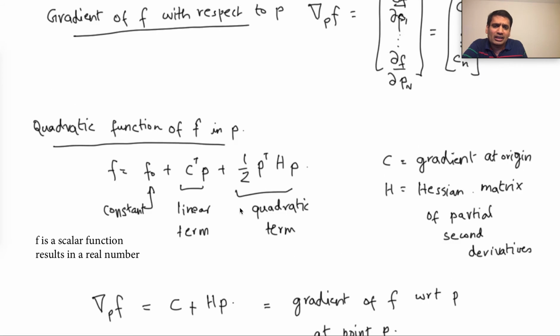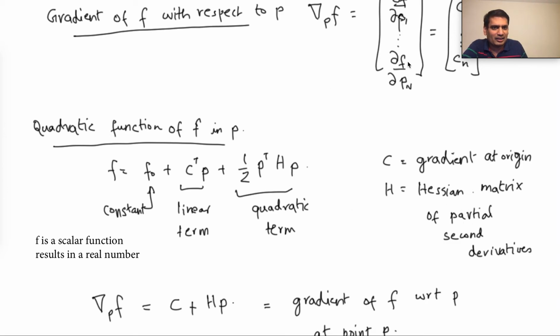If you just expand this out, you will notice that these terms look like H11 P1 squared, H12 P1 P2, H22 P2 squared, etc. Here H is an n by n matrix.